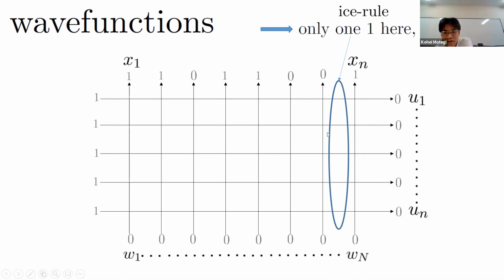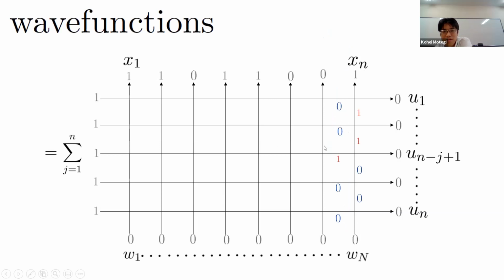So this means that there should be only one here, and the rest should be zeros. The position of 1 is somewhere here, so it's something like this.